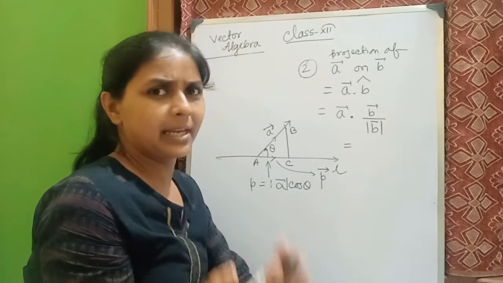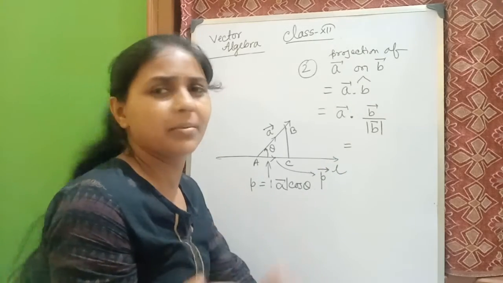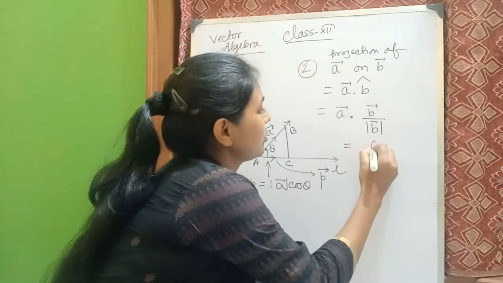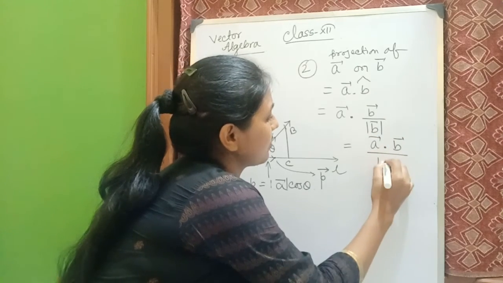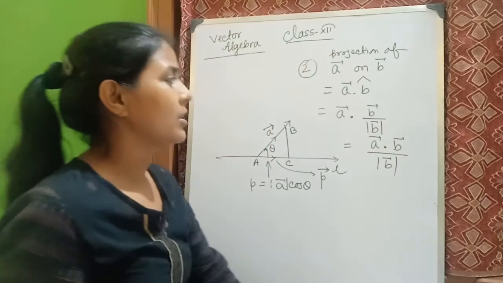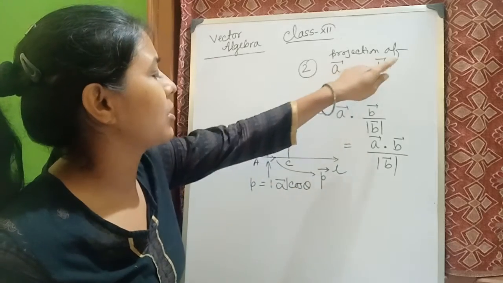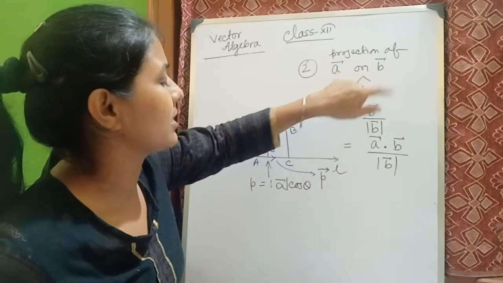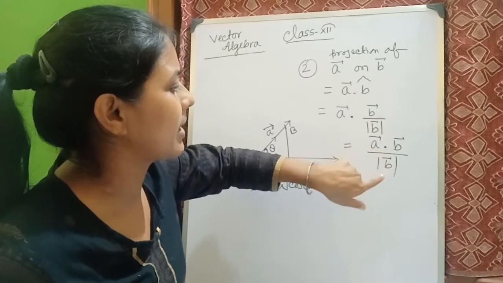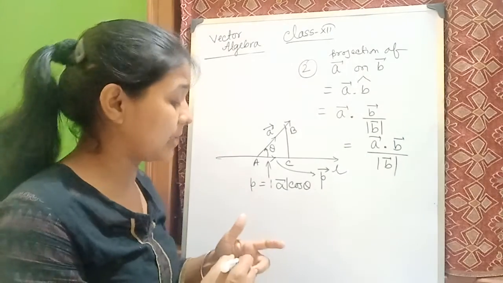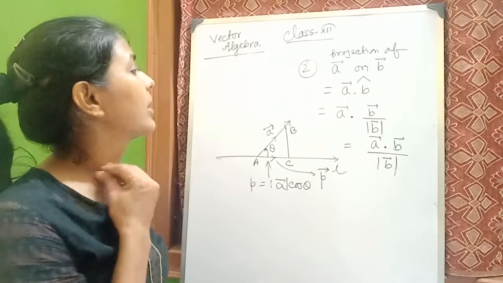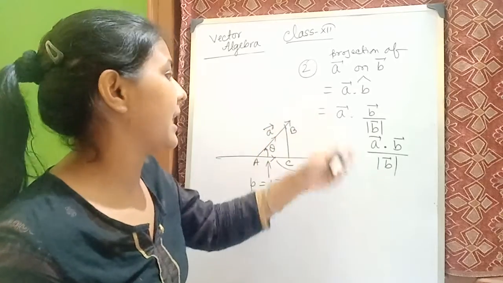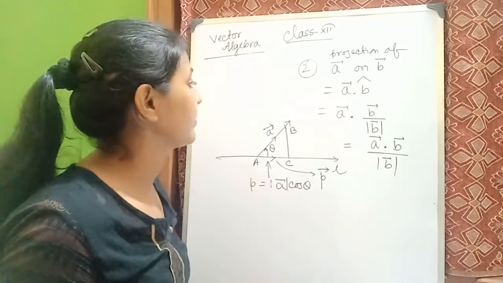So the projection of A vector on B vector is equal to A dot B divided by mod B vector. This is the second observation.